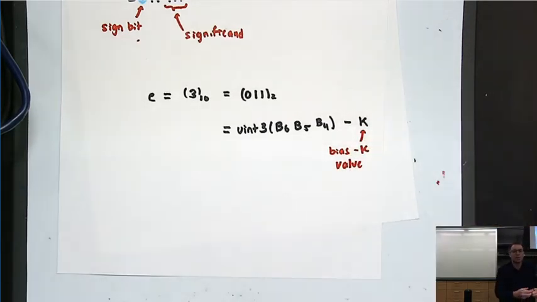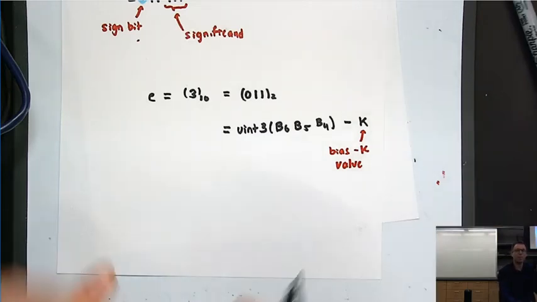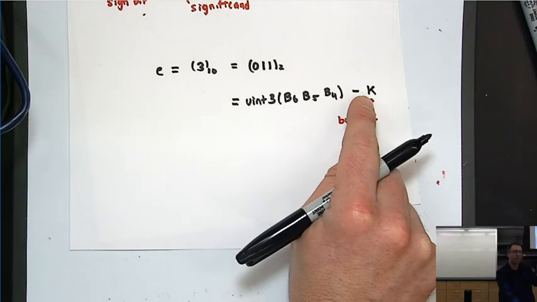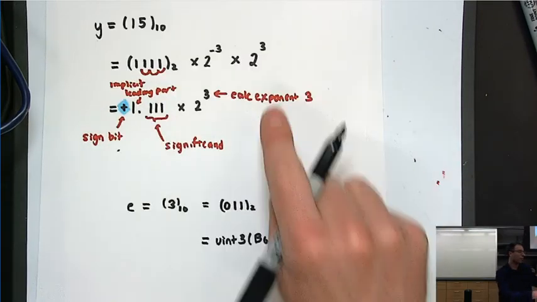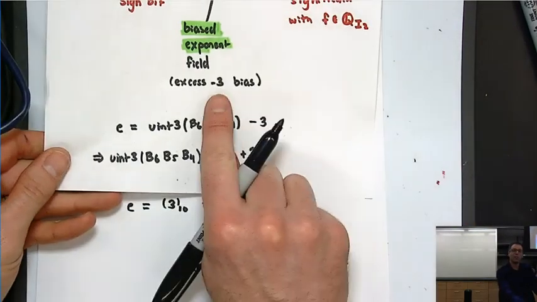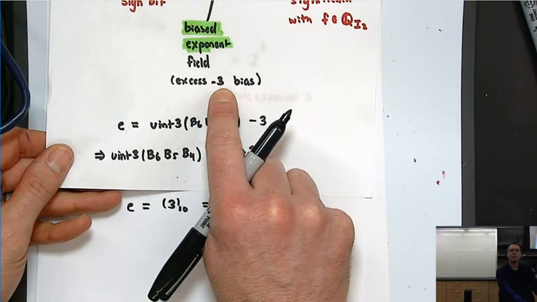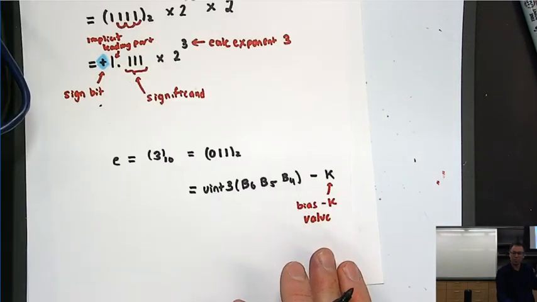Right now I'm just giving it to you. As I teach this class more and more, I'll be able to actually justify where that comes from. What did we say about the value of the bias from the standpoint of binary 8? Yeah, whatever that value is, we're going to subtract 3 from it.